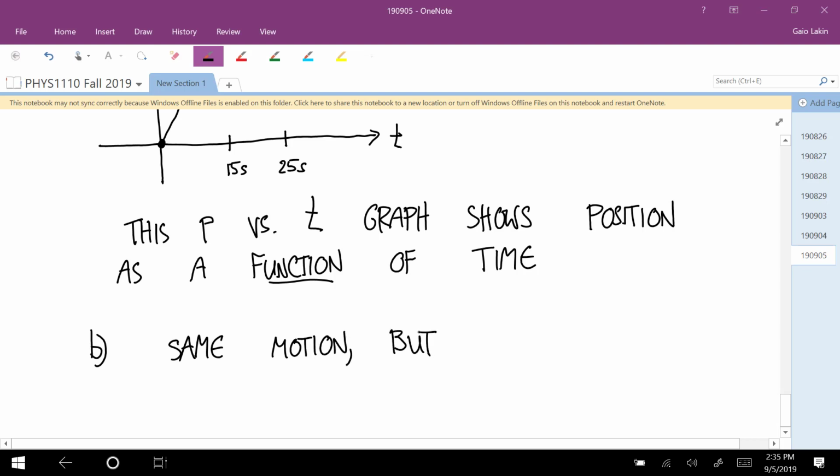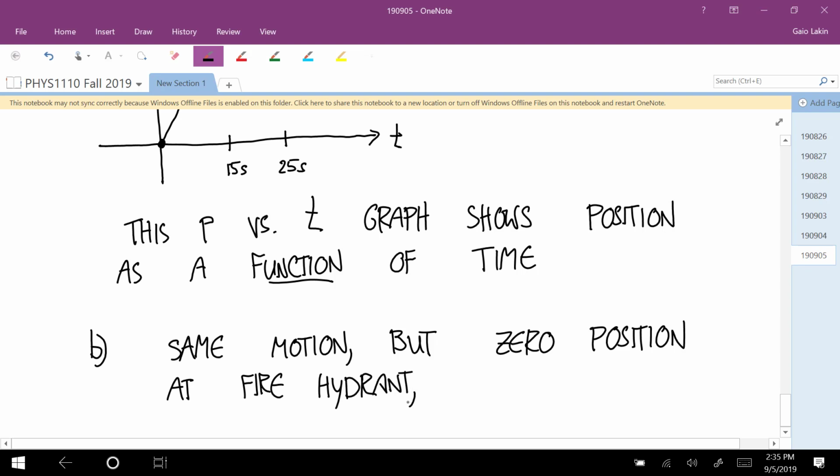But this time, let's choose the zero position at the fire hydrant, and the positive direction to the left.